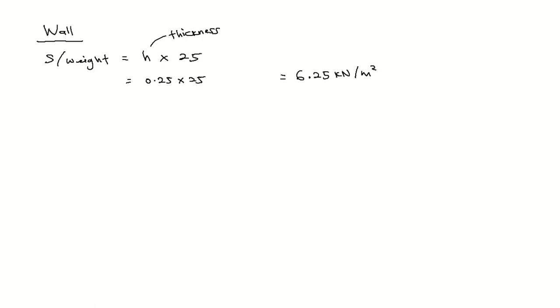We have the self weight of the wall. So to get self weight of the wall, similar as the slab, we will times with the thickness of the wall times 25, the unit weight of concrete. Okay, so the thickness of this shear wall is 250 mm, so it is 0.25 times 25. This is equal to 6.25 kilonewton per meter square.